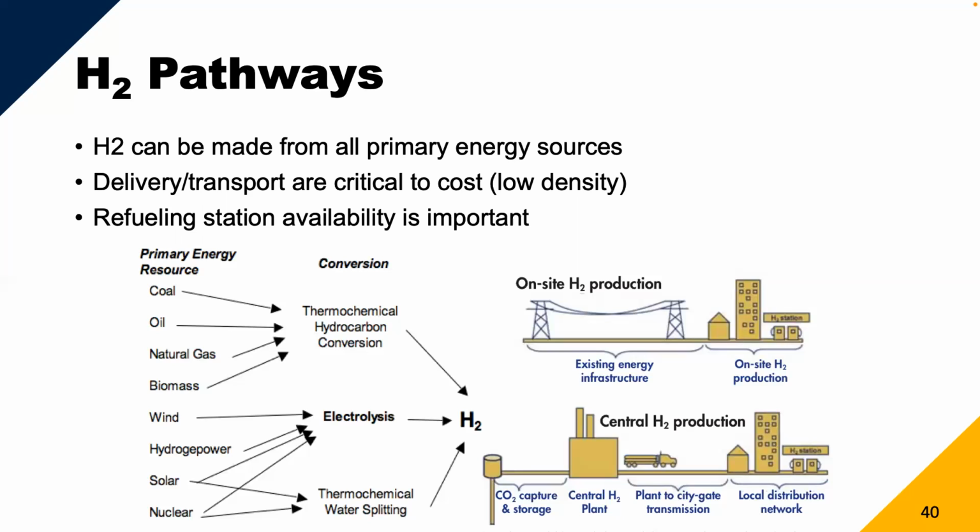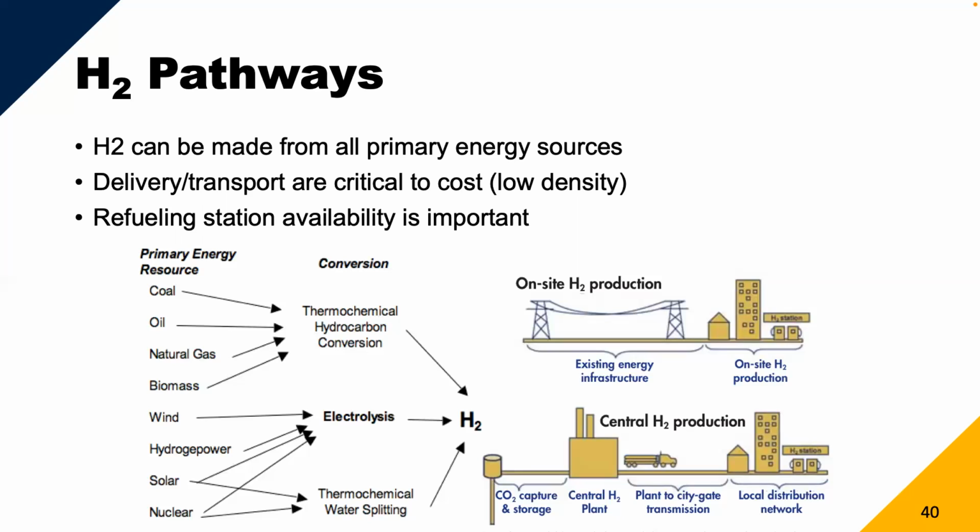And then there is centralized production, where you would have a much bigger production facility making hydrogen that then gets either piped or driven by truck to your distribution network.